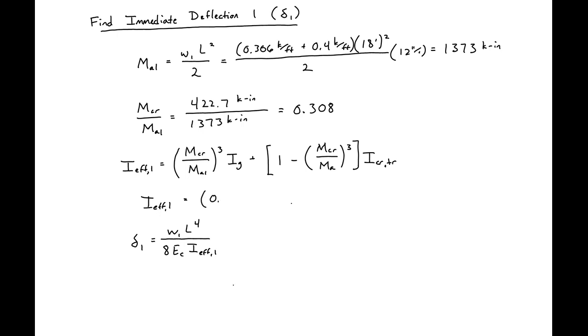So 0.308 to the third times our I gross, which was 10,805 inches to the fourth, plus 1 minus 0.308 to the third times our I crack transformed, which we found to be 9,132 inches to the fourth.